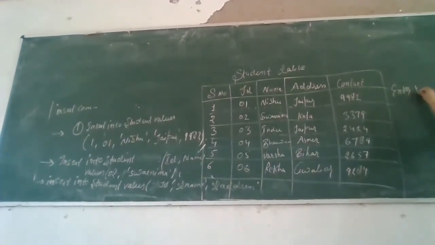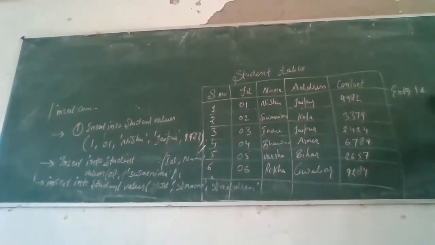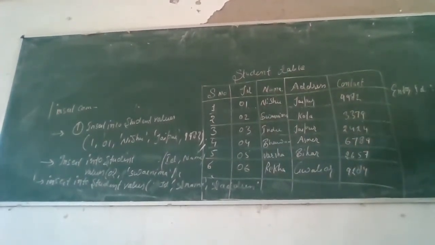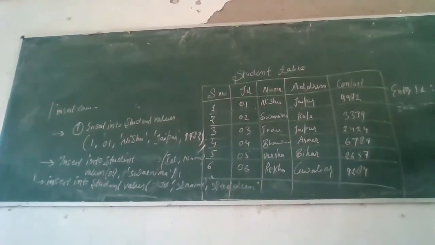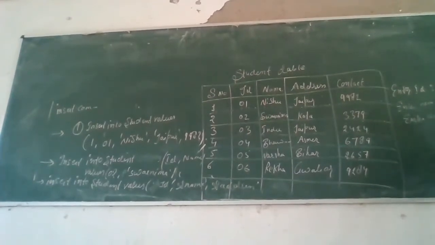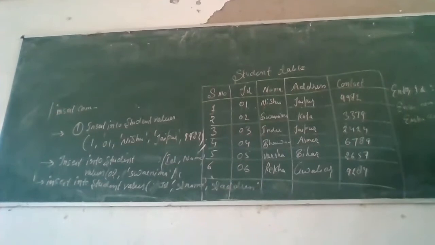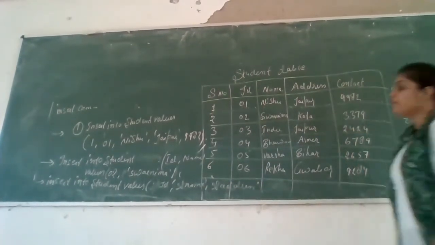Enter ID, because you enter ID, name and address. So enter ID is 3, enter name is Hindu, enter address, address is Jaipur. Clear? But one more thing you have to know.